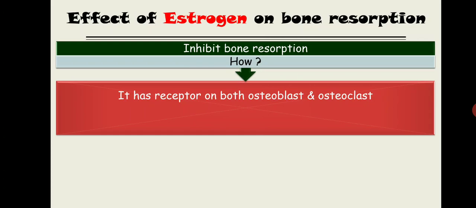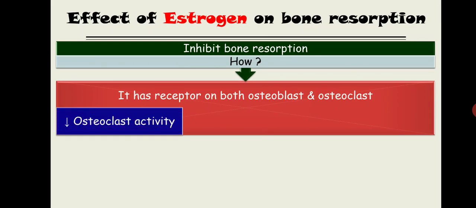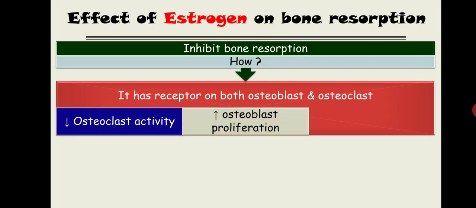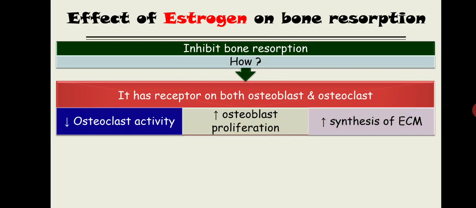It has three different actions. One is over the osteoclast, where it decreases the activity of the osteoclast. It increases the activity of the osteoblast, and it increases osteoblast proliferation from the fibroblast. And the remaining thing that estrogen does is increase the synthesis of extracellular matrix.